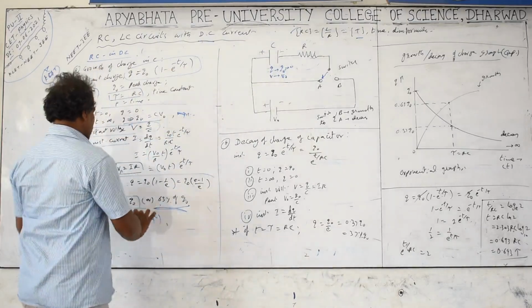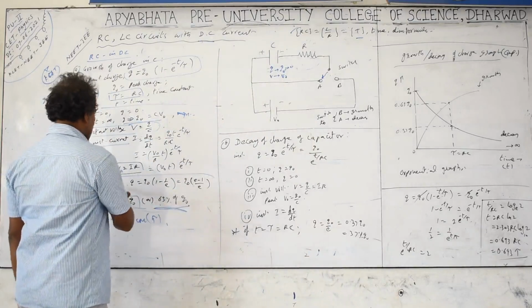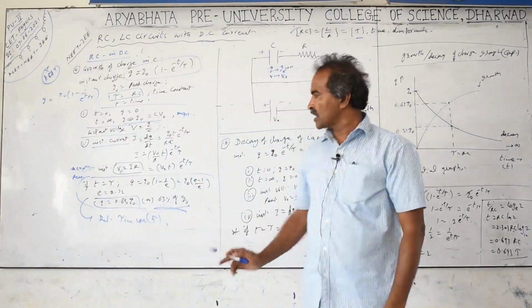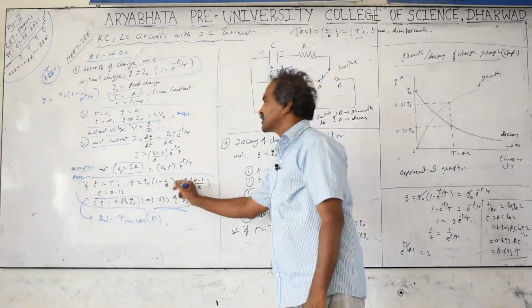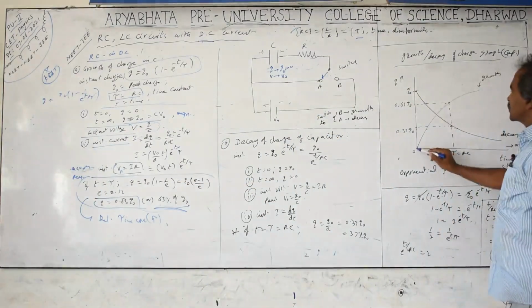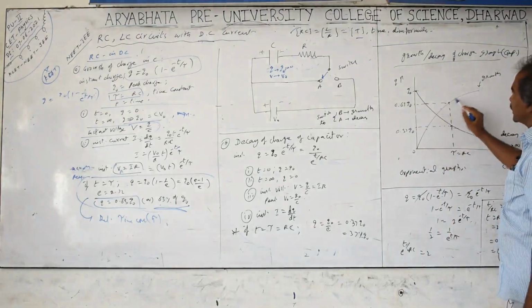The time taken for the charge to increase from 0 to 63% of the maximum charge is called the time constant. If you plot the graph of charge with respect to time, it is exponential, since the e term is there in the equation. This is called the exponential growth graph. As the time increases, the charge on the capacitor goes on increasing.